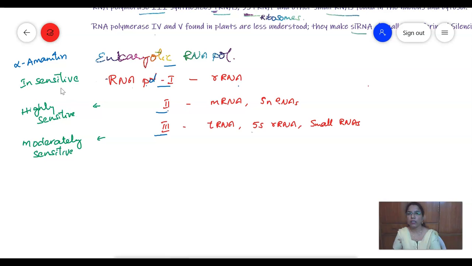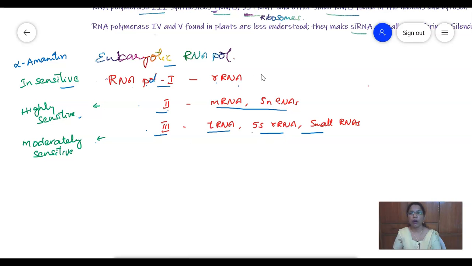RNA polymerase 1 is insensitive, RNA polymerase 2 is highly sensitive, and RNA polymerase 3 is moderately sensitive. RNA polymerase 1 synthesizes rRNA, RNA polymerase 2 synthesizes mRNA as well as snRNA, and RNA polymerase 3 synthesizes tRNA, 5S rRNA, and small RNAs in the cytoplasm as well as the nucleus.